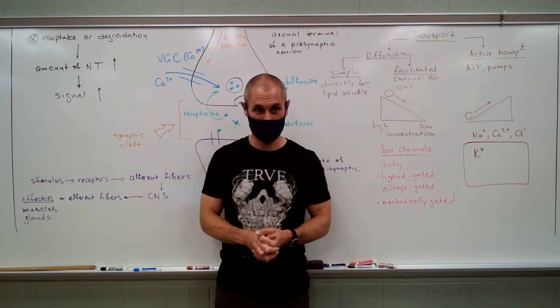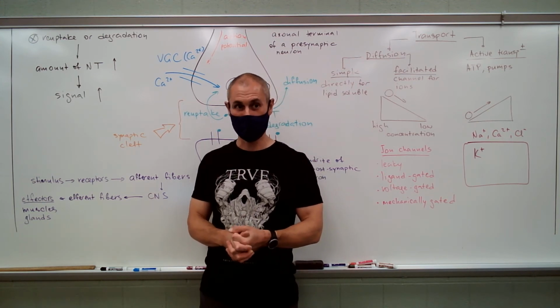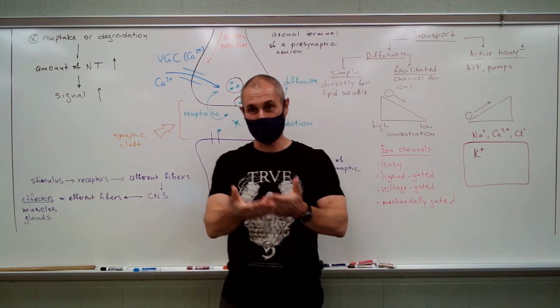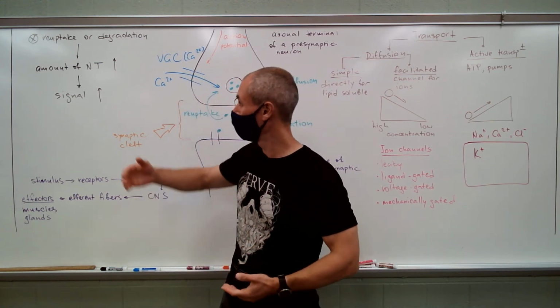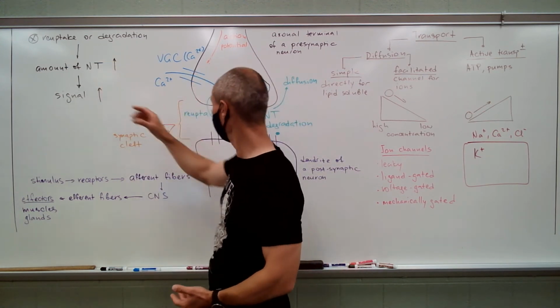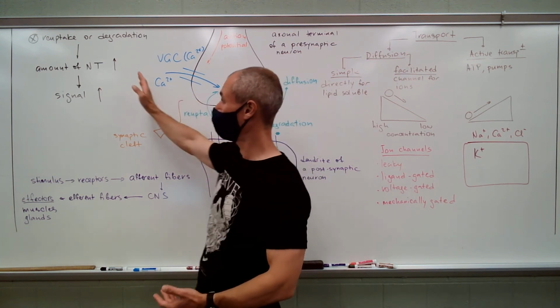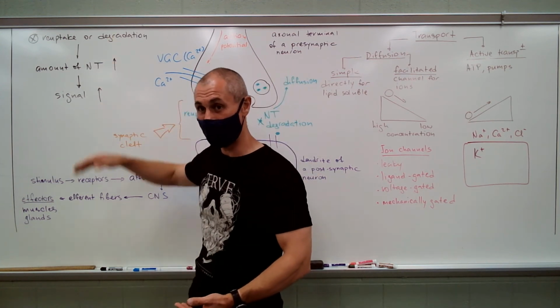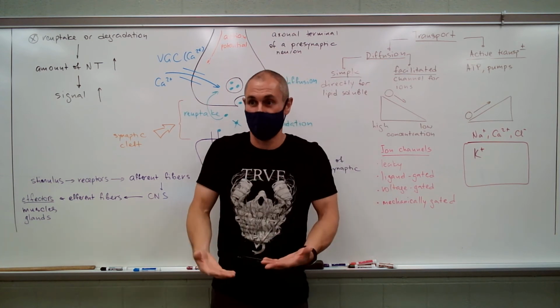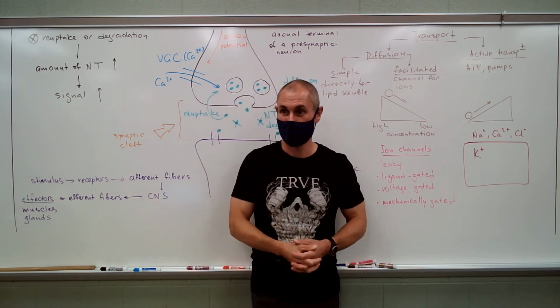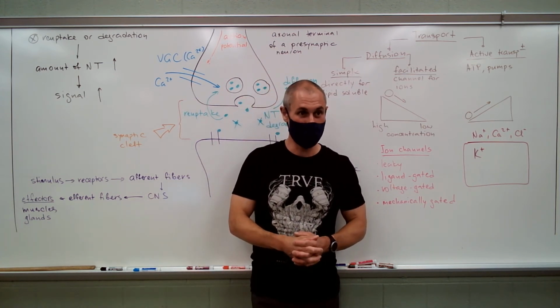Does it make sense to you? So Prozac inhibits the reuptake of serotonin. So the amount of serotonin in the synaptic cleft increases, and the signal, like the calmness, increases. Okay, are you with me?